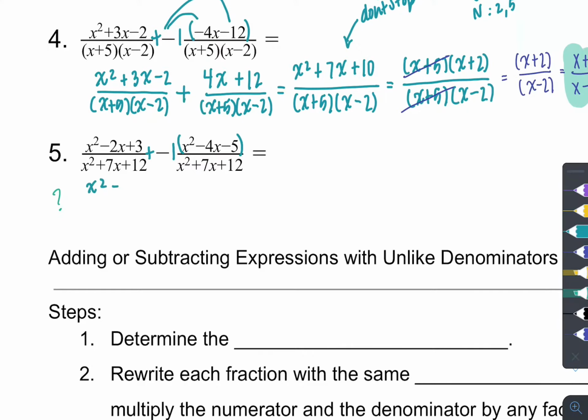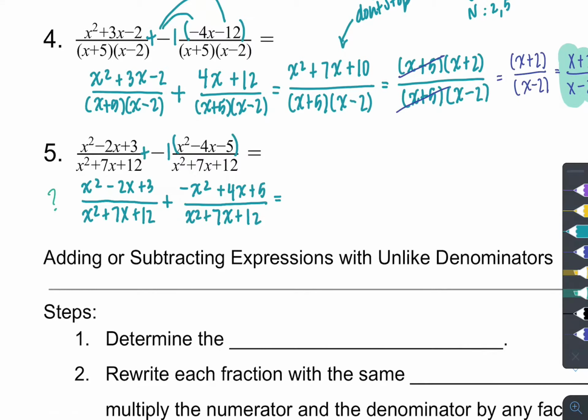So we have x squared minus 2x plus 3 over x squared plus 7x plus 12 plus negative x squared plus 4x plus 5 over x squared plus 7x plus 12.